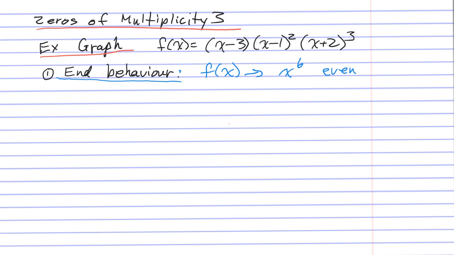So if it's even, this function has both ends that do this as the x values go to infinity. So it sprouts up like so. Now, we can't necessarily say the same for our original function, so we actually have to test its symmetry. So let's do that.